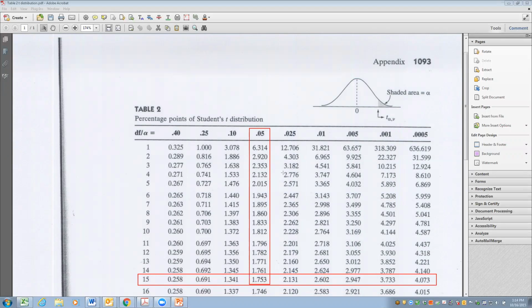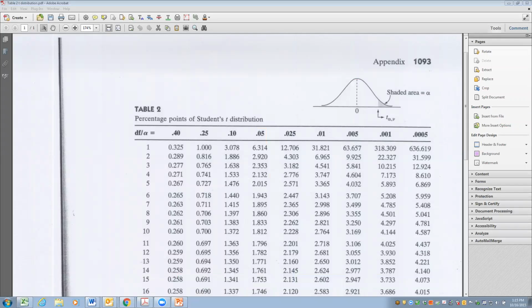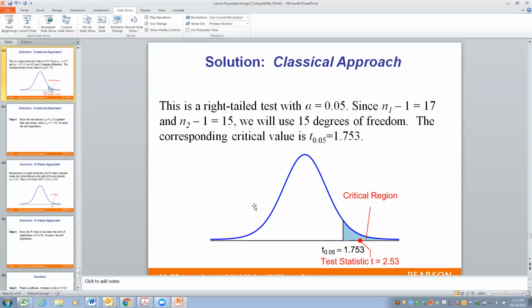Again, why didn't I use 0.025? Well, this was a one-sided test, so we were putting all of the probability in one tail, so that we used the 0.05 column. So our critical value is 1.753.